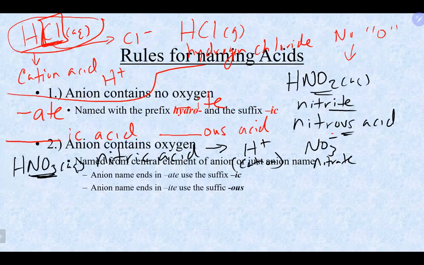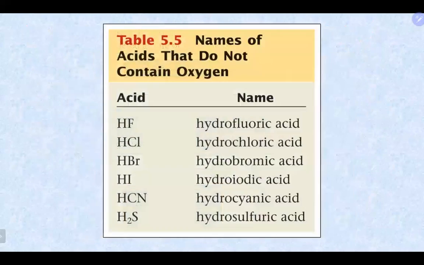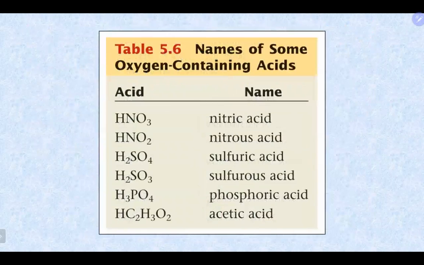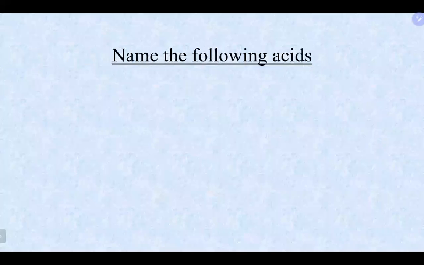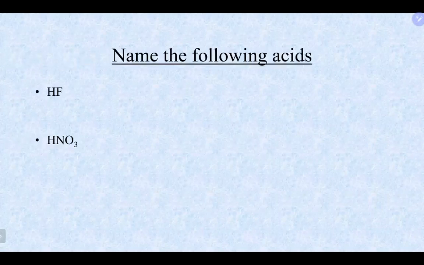So look at some of this here. We have hydrofluoric acid, hydrochloric acid, hydrobromic acid. And these are our guys with some oxygens. So why don't we try some of these here? Actually, we just did that one. So why don't we try HF? Let's do HClO4.